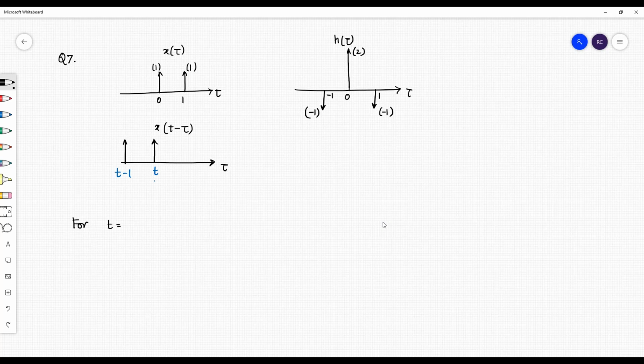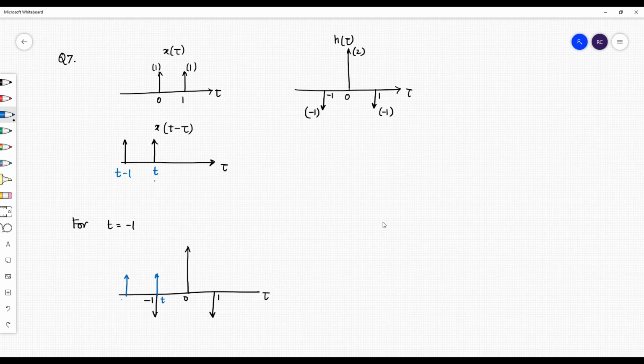So say for t equal to minus 1, what is the scenario? This is h(tau), right? 1, 0, and minus 1. And t equal to minus 1 means our signal x(t minus tau) is situated here.